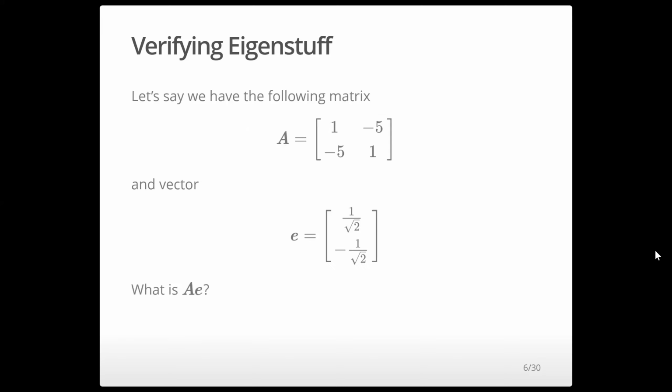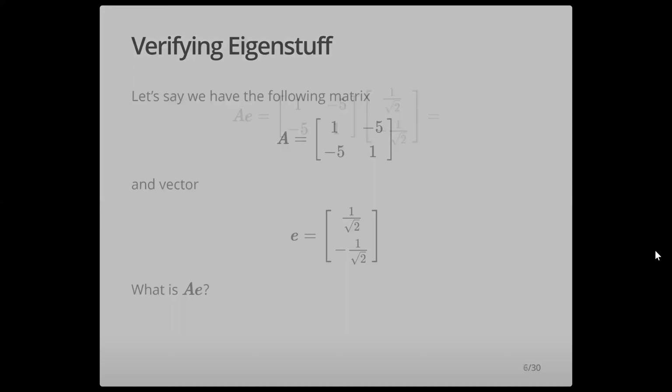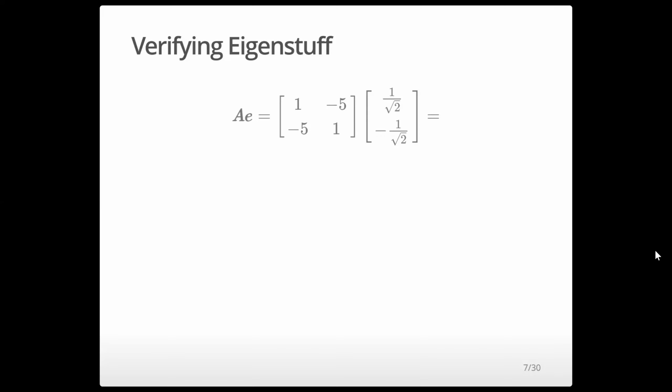The first thing we want to do is multiply A times E to see what the matrix multiplied by its eigenvector is. To do that, we just do our matrix multiplication like we learned last week. You can pause here and work this out for yourself if you want, but I will show you the answer.